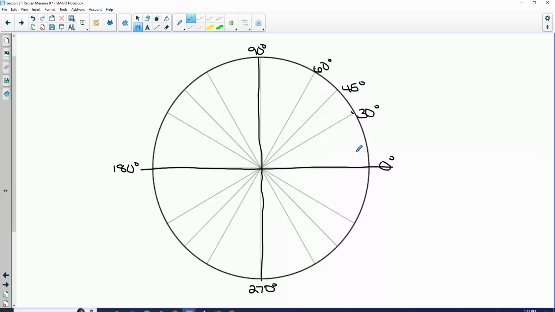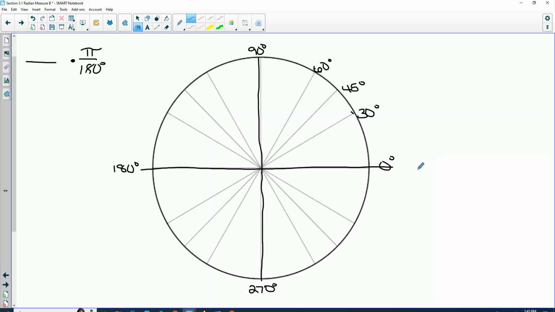Let's go ahead and talk about these in radians for a minute. So I want to put degrees and radians on here. If we want radians, we are taking our degree times pi over 180, right?